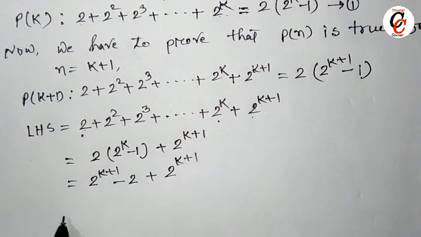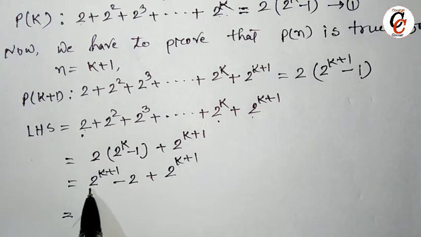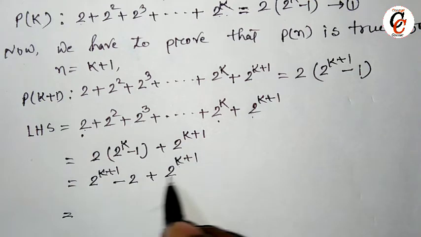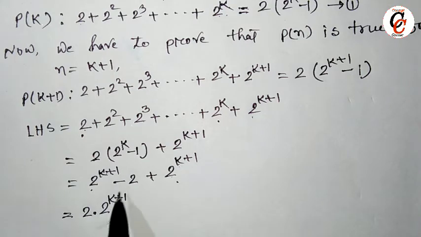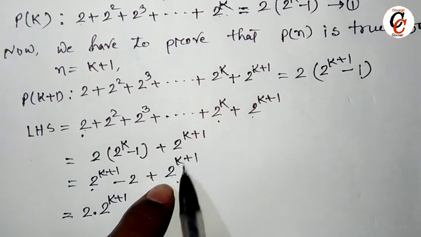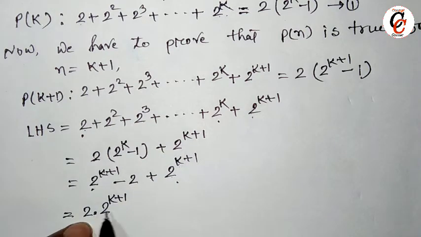So now 2 to the power k plus 1 plus 2 to the power k plus 1, that means 2 to the power k plus 1 is there twice. Don't be confused: one 2 to the power k plus 1, next 2 to the power k plus 1. So we can write 2 into 2 to the power k plus 1.